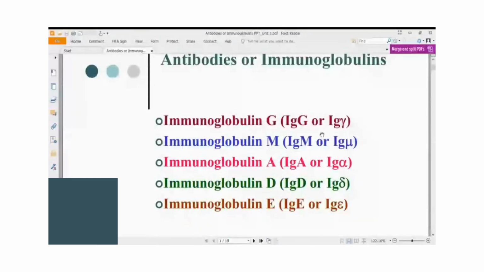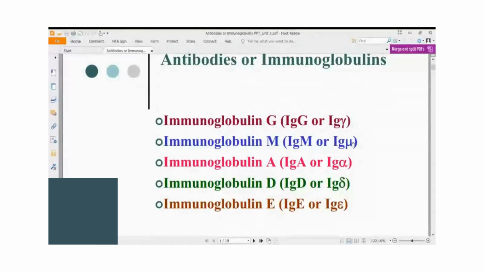IgG is also called gamma globulin, and IgM is called mu globulin. IgA is called alpha globulin, IgD is called delta, and IgE is called epsilon. All these are different proteins.